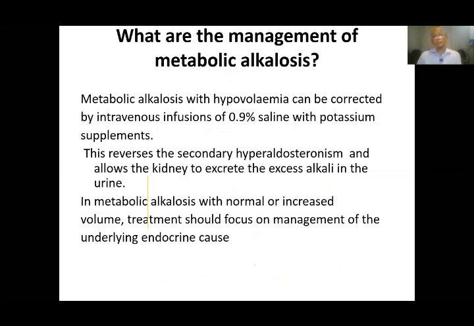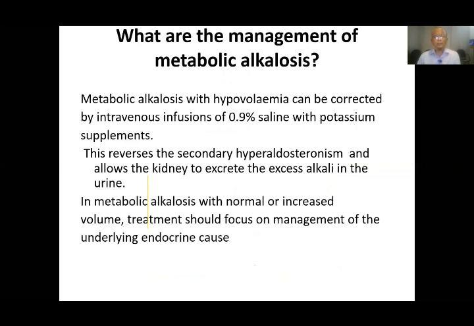So how will we manage a case of metabolic alkalosis? Metabolic alkalosis with hypovolemia can be corrected by intravenous infusion of 0.9% saline with potassium supplement. That is a crystalloid solution you will give; 0.9% sodium chloride is enough, and potassium if required.